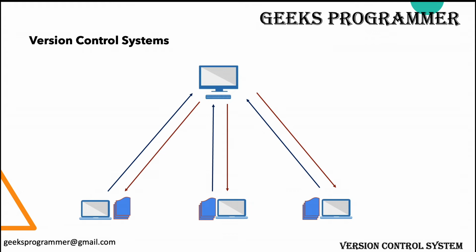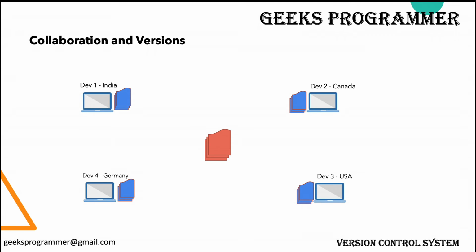So these people do their work in the local copy and then push to the central repository, and from the central repository the other developers or the other team can take their changes and always stay updated. So how does VCS, or version control system, solve this problem? Collaboration and versions. As we have a central repository, the first guy makes changes to the shared file and pushes that to the repository.